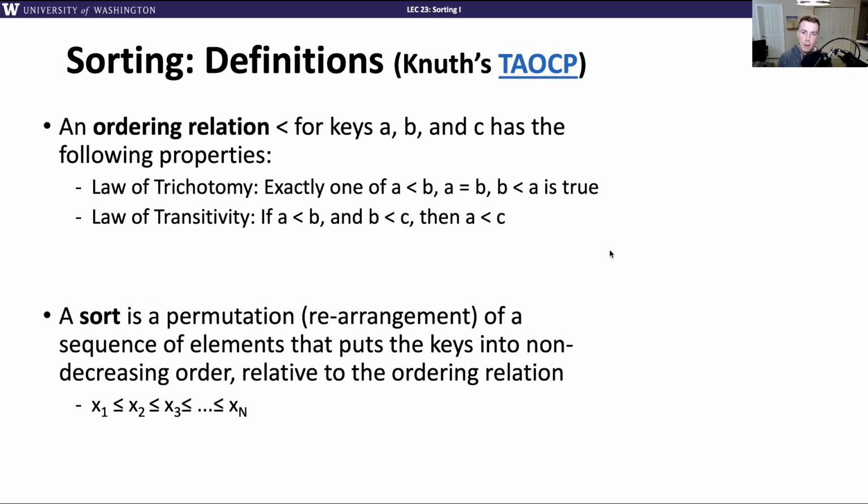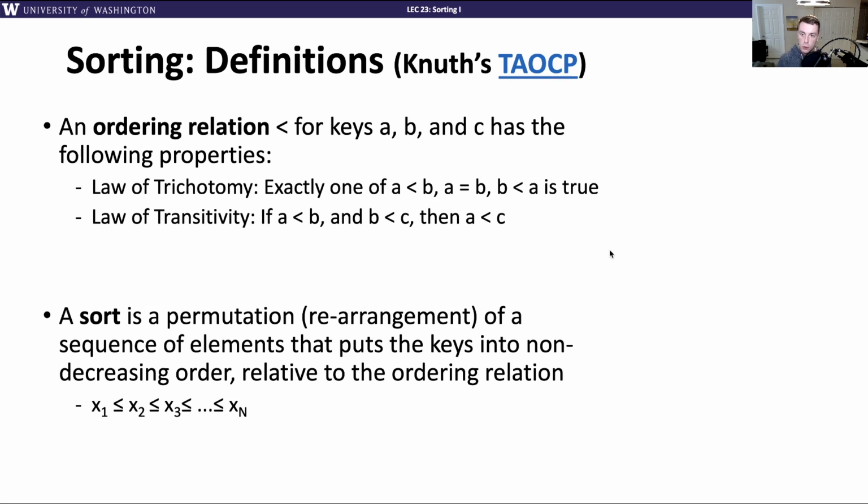So in order to talk about a sorting algorithm, we need to define what's the problem. So the problem of sorting is going to have a very abstract definition because it's a very abstract and reusable problem. So this is from Donald Knuth's The Art of Computer Programming.